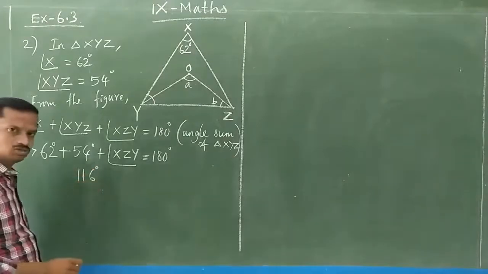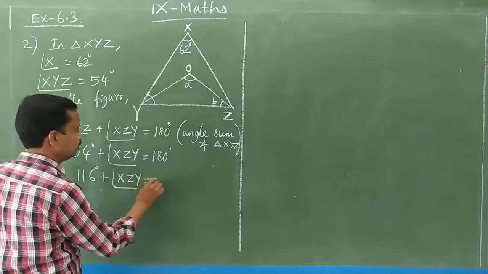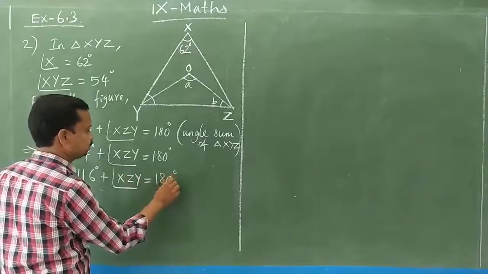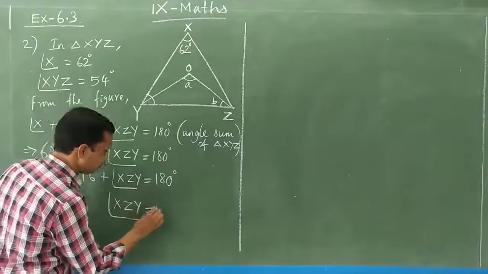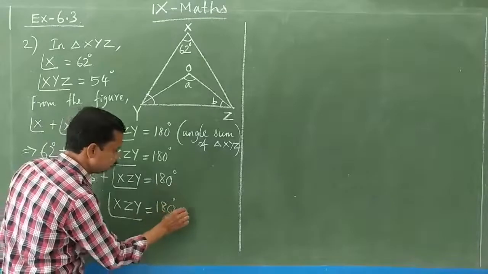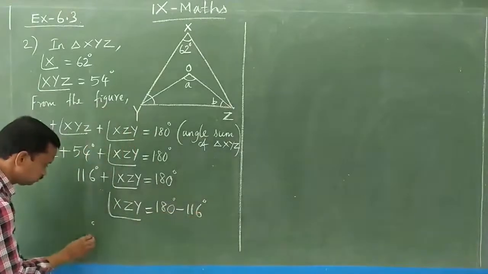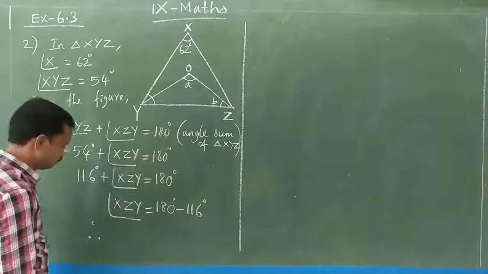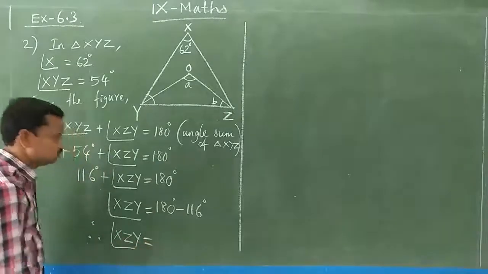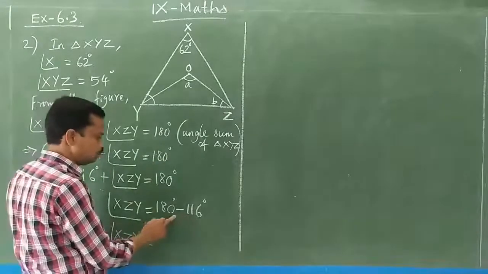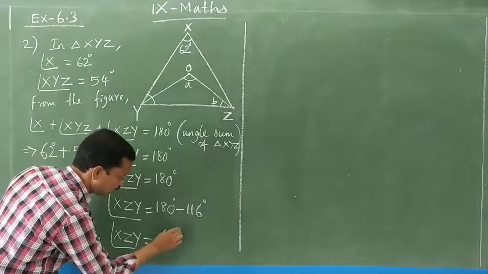And now, if you add these two, 62 plus 54, we get 116 degree plus XZY is 180. And now, keeping XZY here, you can write 180 minus 116. So therefore, XZY is equal to 180 minus 116, then it is 64 degree.